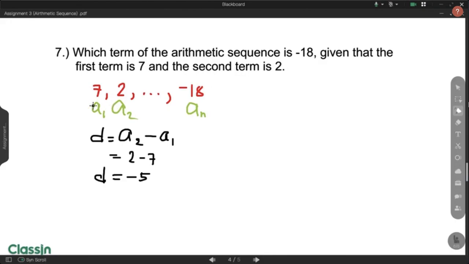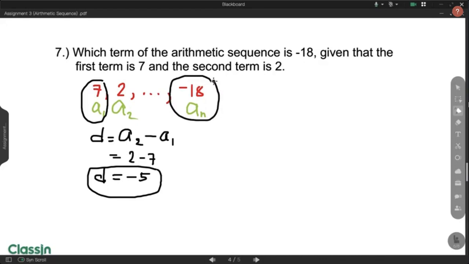We have our first term, our common difference, and our last term. We don't know our n, number of terms yet. Using the formula, a sub n equals a sub 1 plus the quantity n minus 1, multiply that by the common difference d.